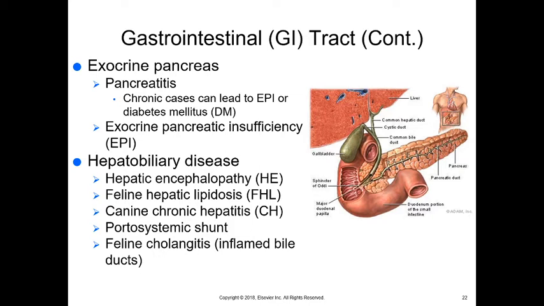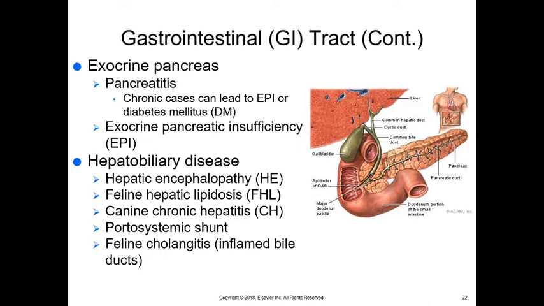And when we have that, then we get hepatic encephalopathy. A portosystemic shunt can be a large one, so a large vessel that goes around the liver, or it can be many, many, many small ones, so microhepatic shunts. And little dogs are pretty prone to hepatic shunts.